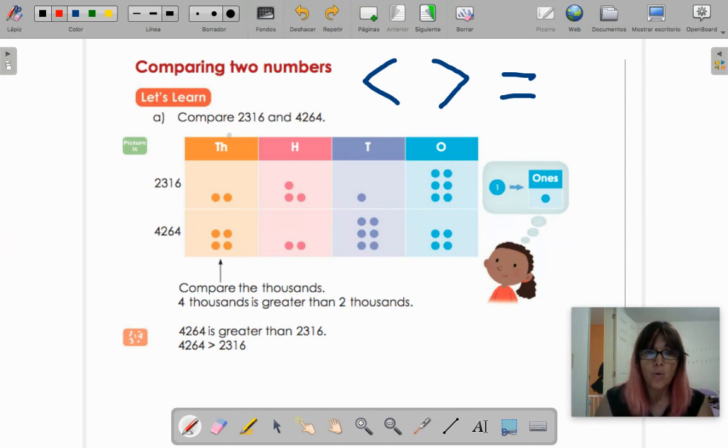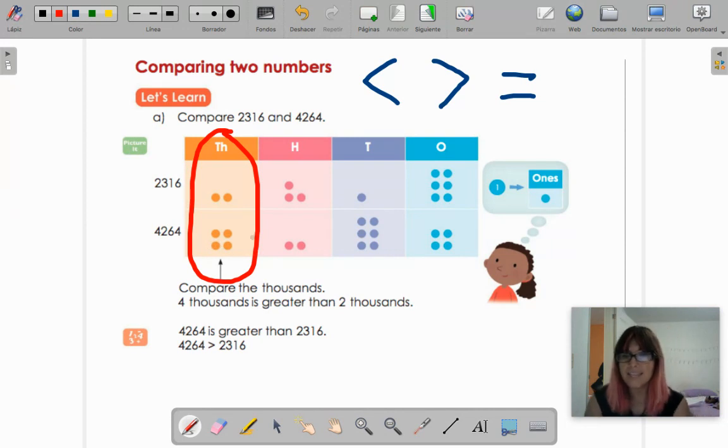So we look at the two numbers, but only in the thousands. And here super easily I can see that 2 of 1,000 is smaller than or less than 4,000. So just by this, you can already put this symbol. If this is smaller, then we write it as, well, here they put this one first.